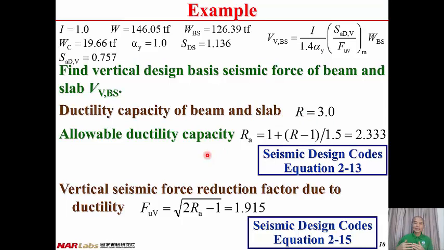Because the building is located at site class 1, the allowable ductility capacity RA equal to 1 plus (R minus 1) divided by 1.5 equal to 2.333 according to seismic design code equation 2-15. Then we can compute the vertical seismic force reduction factor due to ductility, FUV equal to square root of 2RA minus 1 equal to 1.915, according to Seismic Design Code equation 2-15.